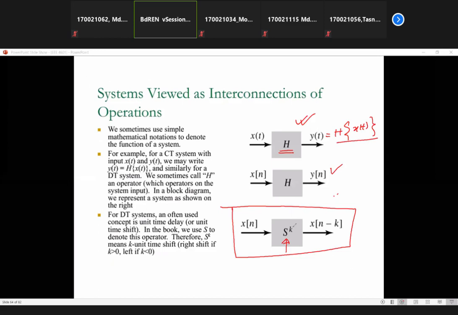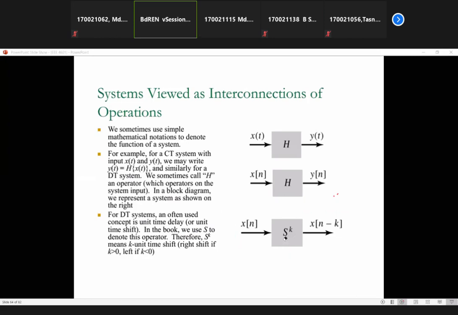Similarly, if k is negative, it will shift to the left. It is not always negative, because you do not know where your present position is. So the general expression should be with respect to the present position, either to the left or to the right.